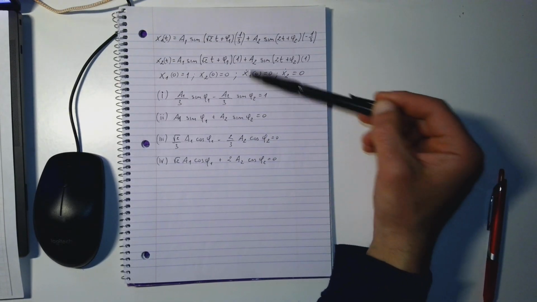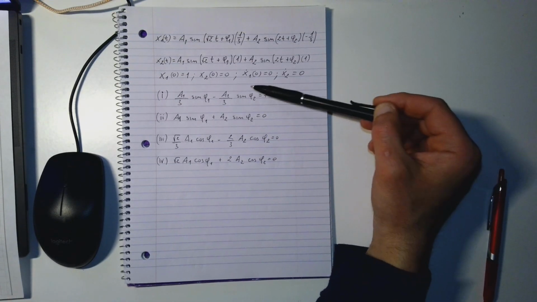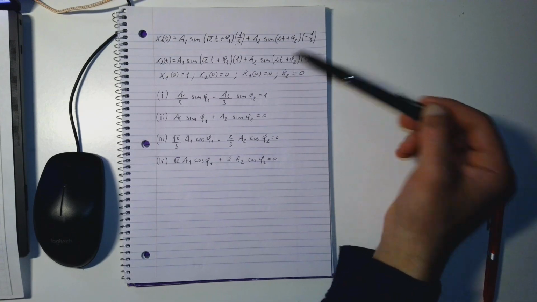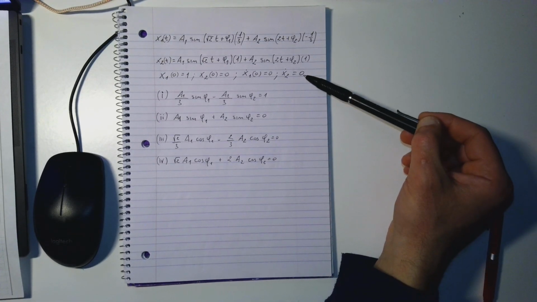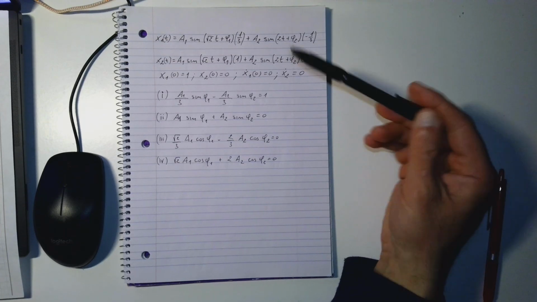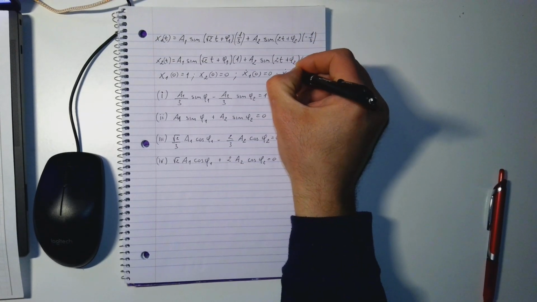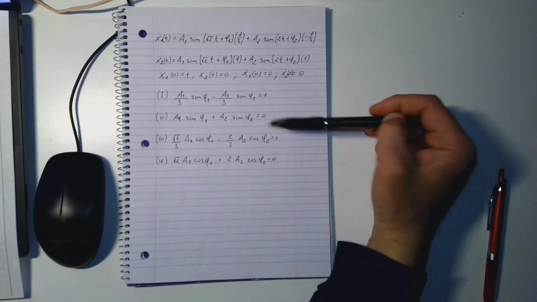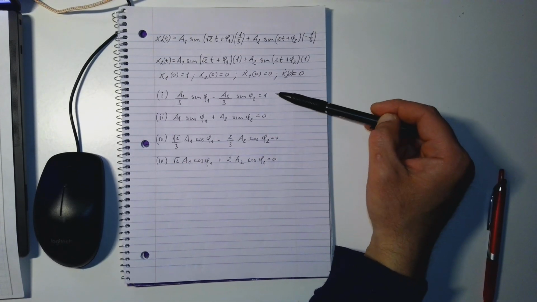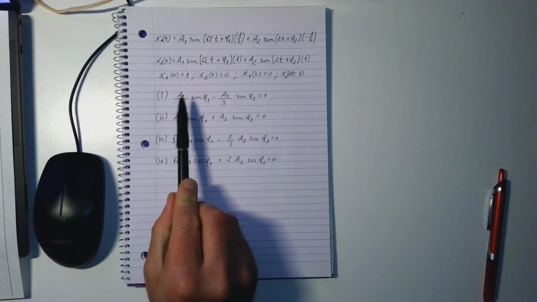This is the third one where we have x1 dot of 0 equal to 0, and then this is the fourth one where we have x2 dot of 0 equal to 0. So as you can see here we have again 4 equations, 4 unknowns.